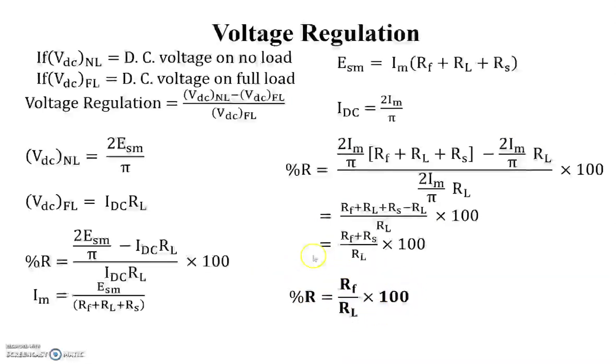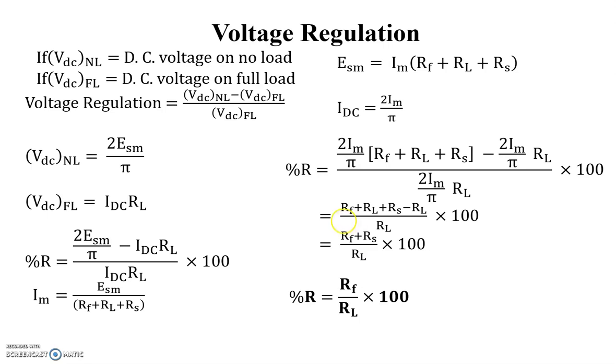So the percentage regulation is equal to Rf by RL into 100, neglecting the winding resistance. So here the secondary voltage should not change with respect to the load current. The lower the voltage regulation, the better the performance of the rectifier circuit.